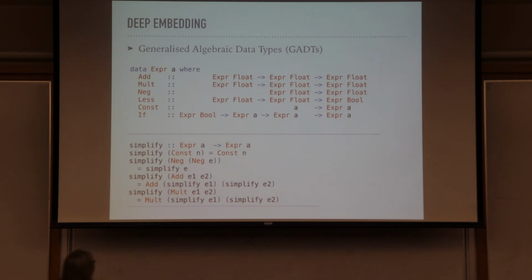And now, for example, with the simplify, like an optimization, it should better preserve the type of the expression. And this property, the type checker proves this part of the correctness of my simplify function.